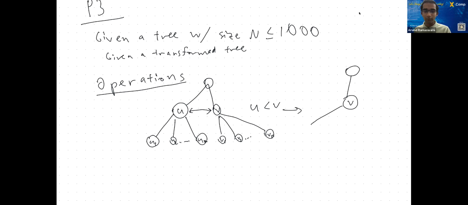So this is going to have children from U1 to UK, and then it's also going to have children V1 to VK.